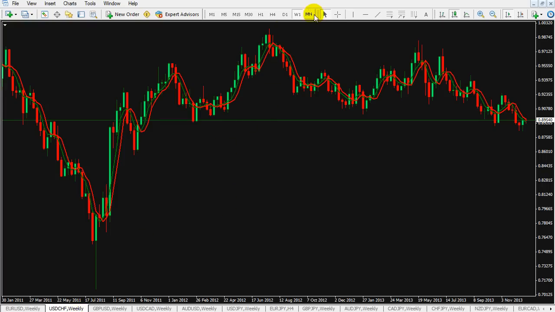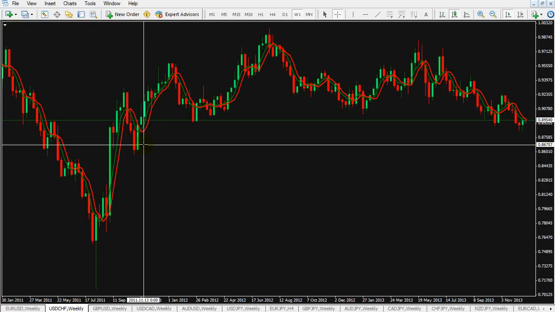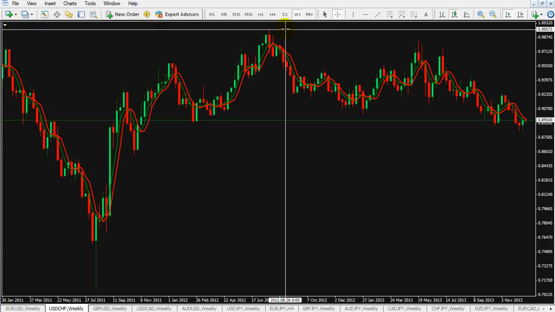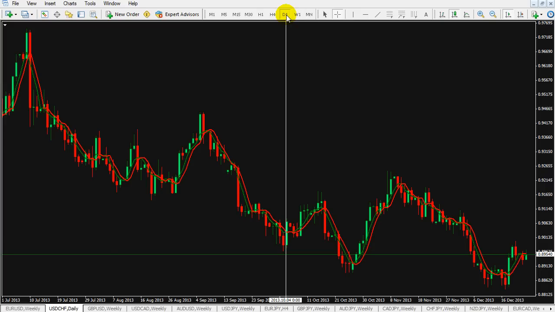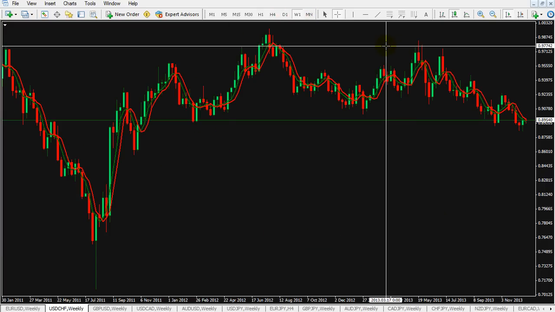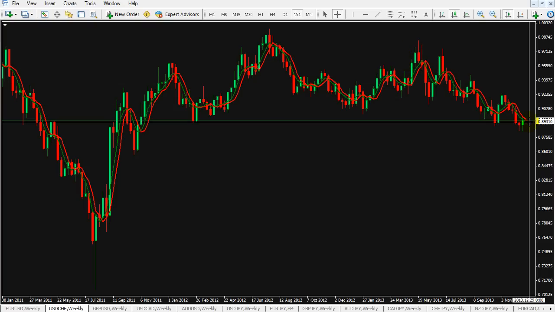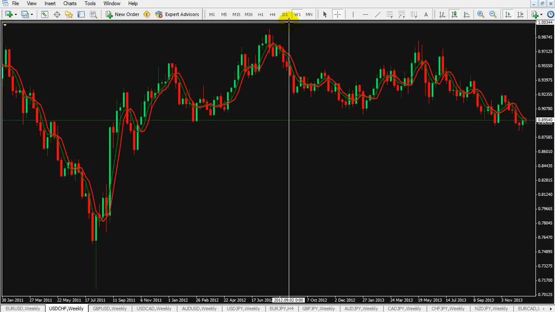And as we can see here, with the dollar Swiss, it's basically going in a very narrow up and down range on the weekly. If we go to a daily, it'll get a little bit better. Actually, this daily, what we're doing here now is looking at this trend from up here down to here on the daily.